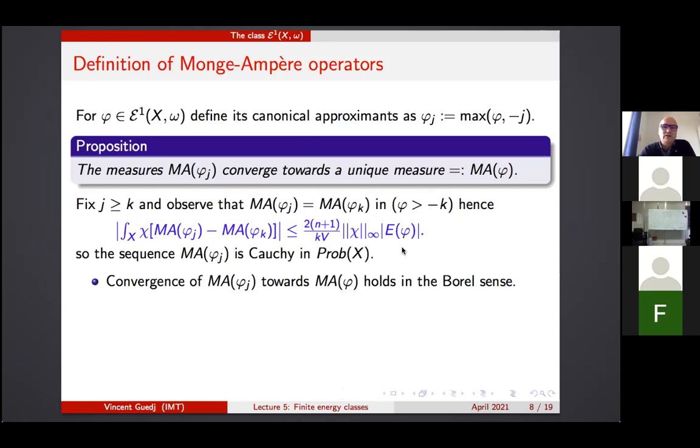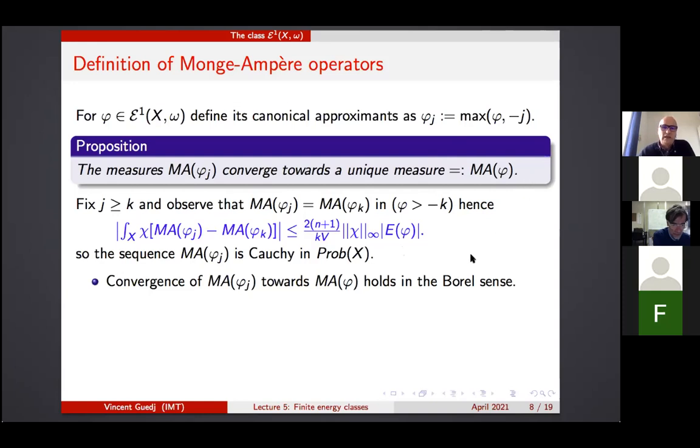Okay, so let me emphasize that the convergence of Monge-Ampère of phi_j towards this unique measure actually holds in a rather strong sense. It holds in the Borel sense of measure, rather than in the Bedford-Taylor theory that I briefly discussed last Thursday, where the convergence holds in the sense of Radon measures.